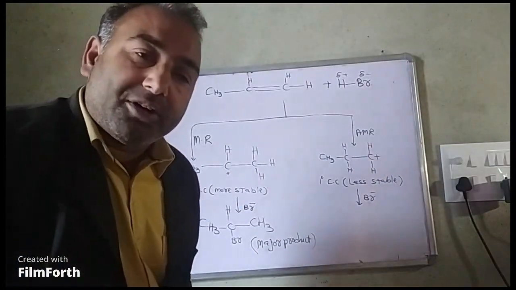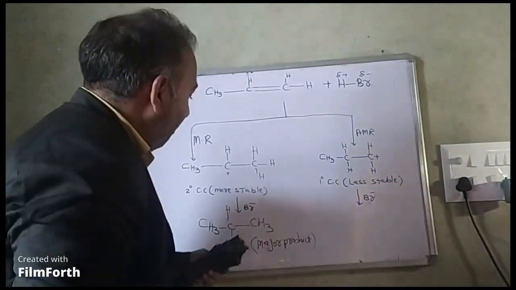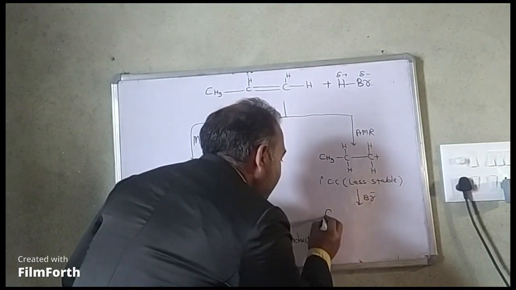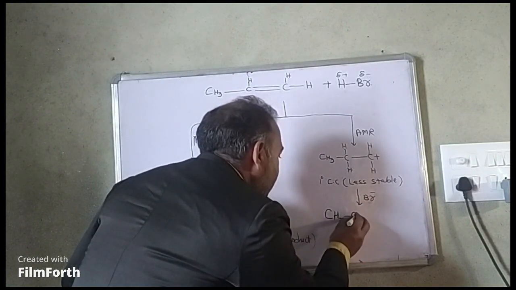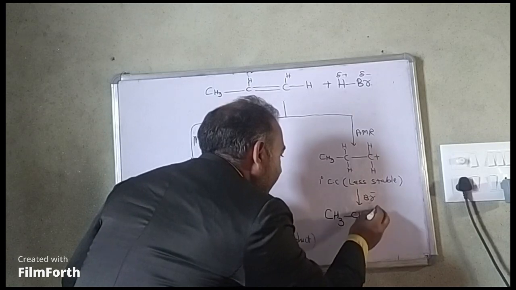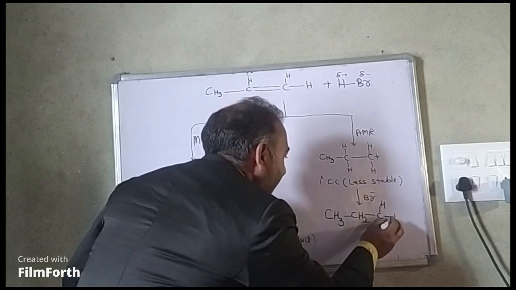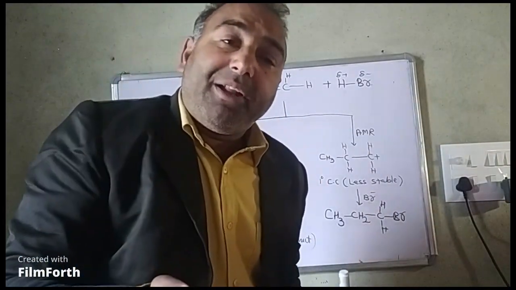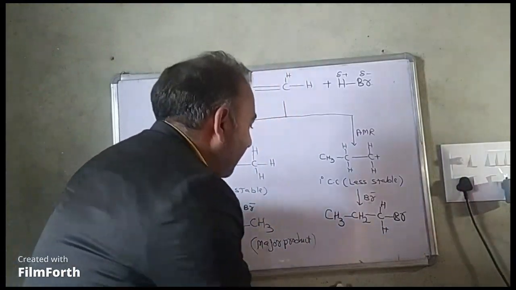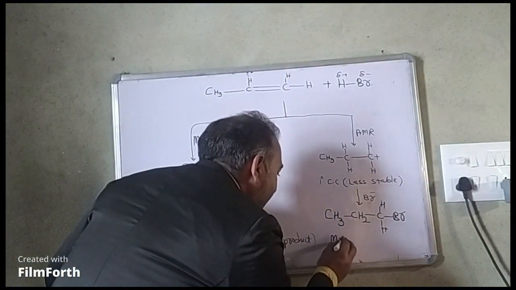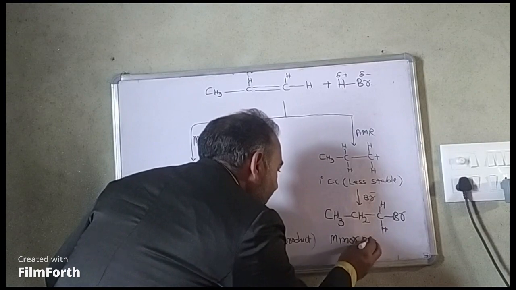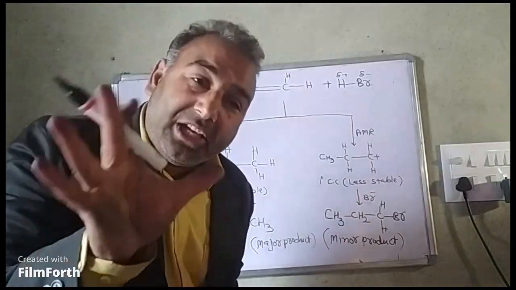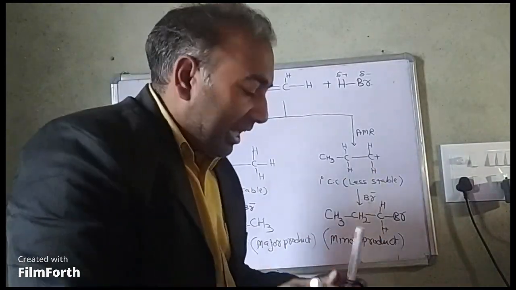Its yield will be greater, in high quantity, because its carbocation is more stable. In this case, we will get CH3CH2CH2Br, 1-bromopropane, but it will be a minor product. It will be less in yield because its carbocation is less stable.